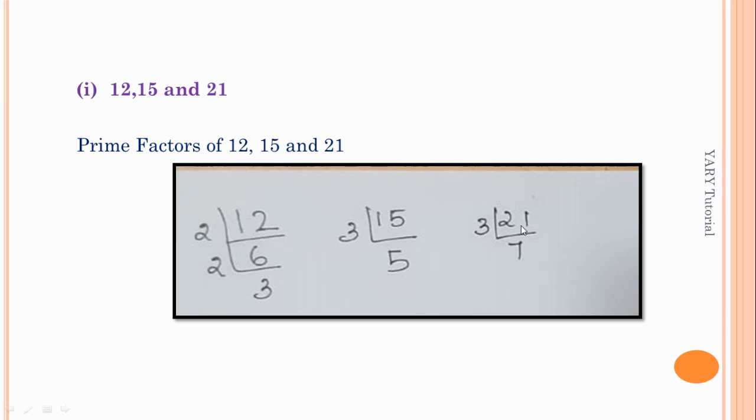We divide 21 by 3 to get quotient 7. So the prime factors of 21 are 3 into 7. So the prime factors of 12 are 2 square into 3, of 15 are 3 into 5, and of 21 are 3 into 7.